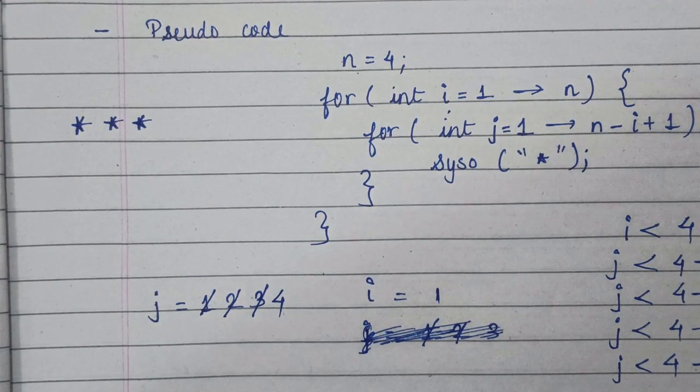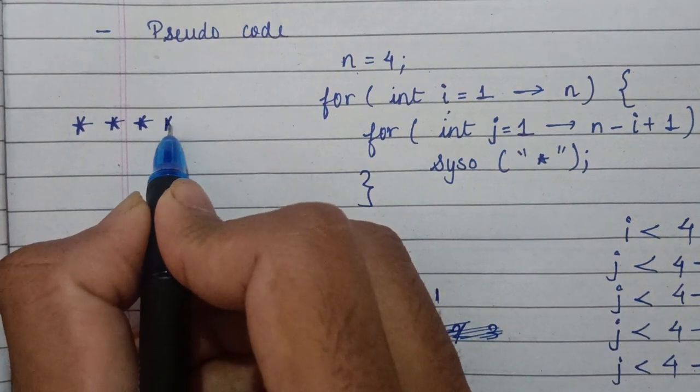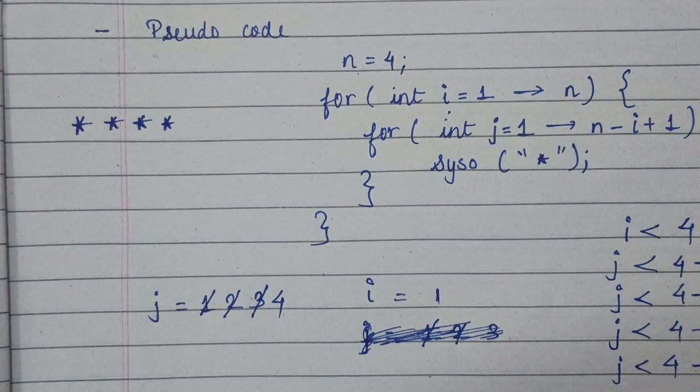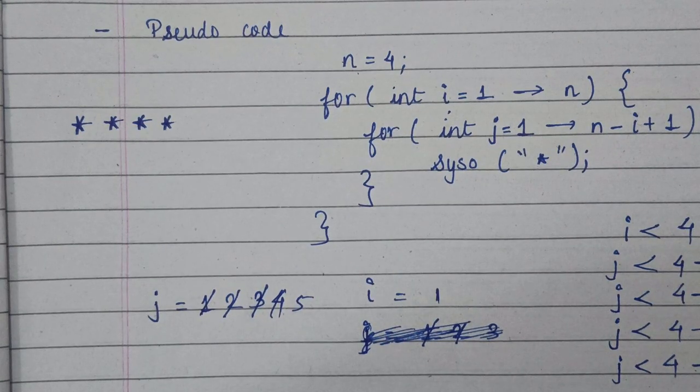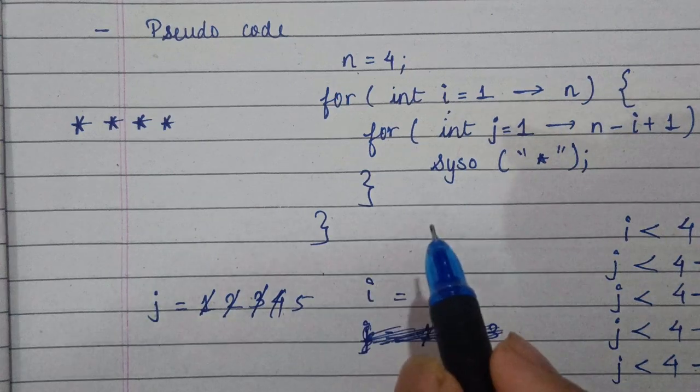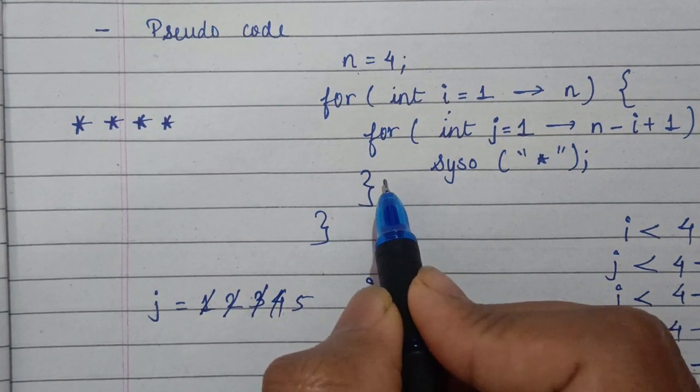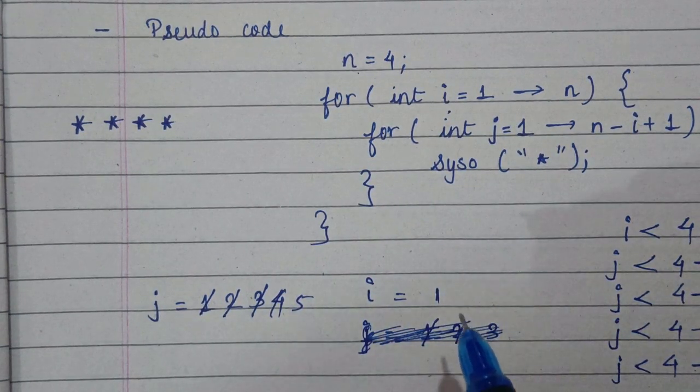Now it will check: is 4 less than or equal to 4? The condition will be true, then it will print a star. Now j will be updated to 5. Okay, now j will be compared with 4, means 5 is less than or equal to 4. The condition will be false, then the inner for loop gets terminated.